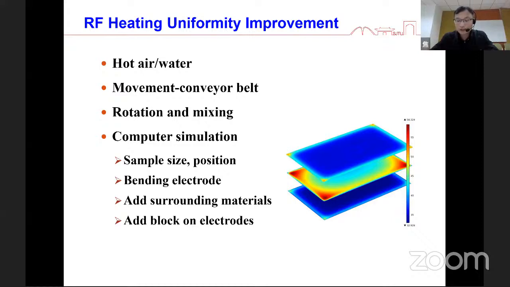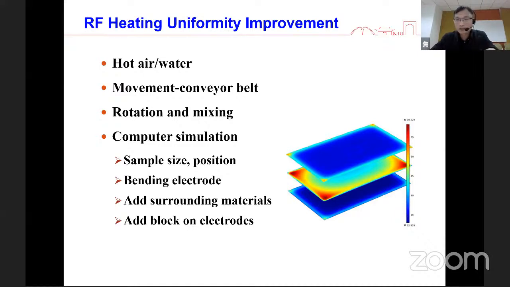To improve the heating uniformity. And also we can make the sample rotate or mix the samples during the heating process to improve the heating uniformity. And also we can use computer simulation methods to help us improve the RF heating uniformity.